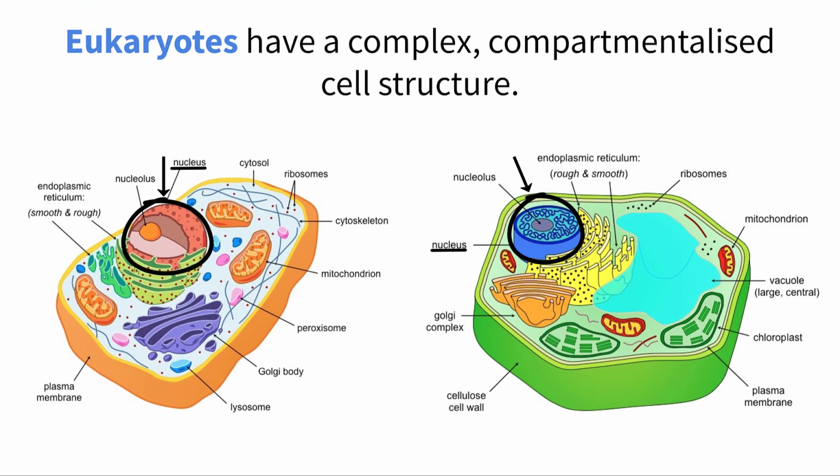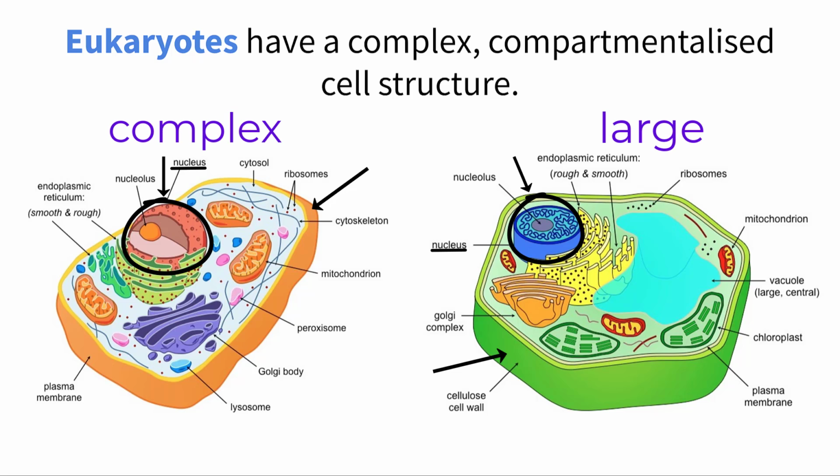All eukaryotic cells have a cell membrane, like the animal cells that make up you, me, and every other human or animal you know. And some cells, like plant cells, have an additional cell wall structure on top of the cell membrane. Large, complex, linear DNA with compartmentalized organelles. That is how we generally describe eukaryotic cells.